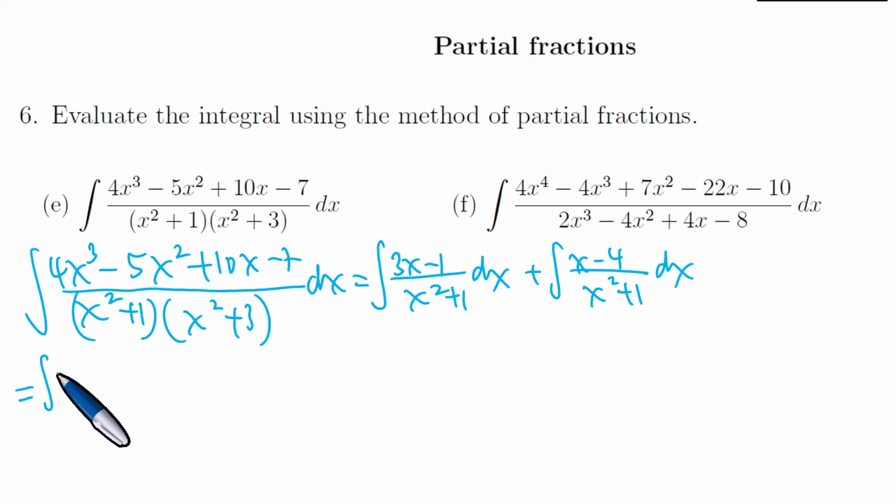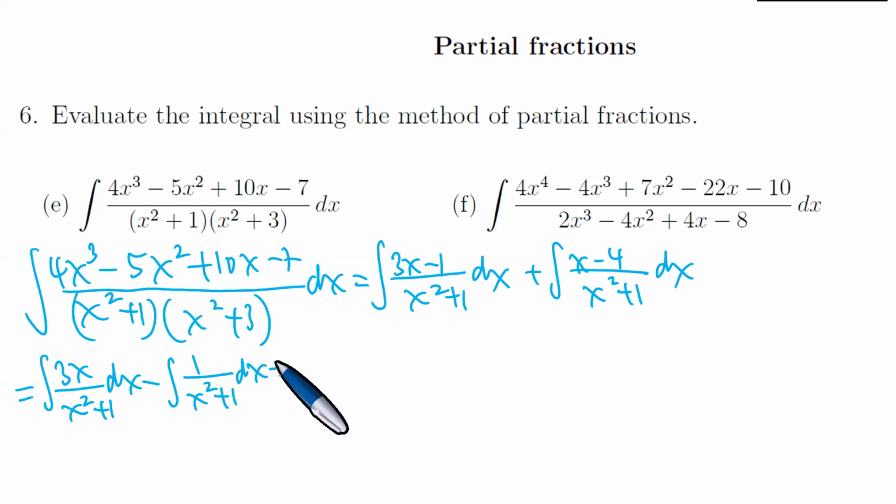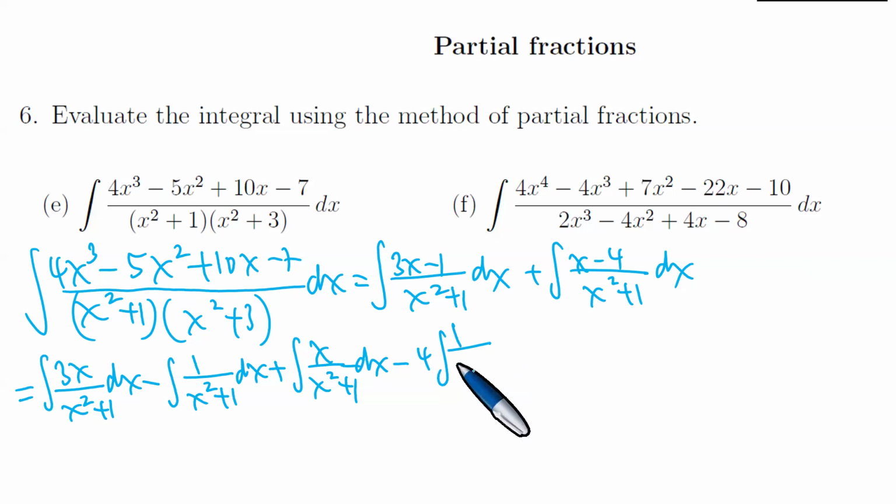Which is the integral of 3x over x squared plus 1 dx, minus the integral of 4 over x squared plus 1 dx, that is, the integral of x over x squared plus 1 dx, minus 4 times the integral of 1 over x squared plus 1 dx.